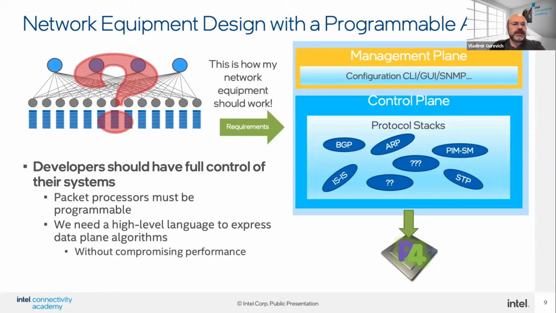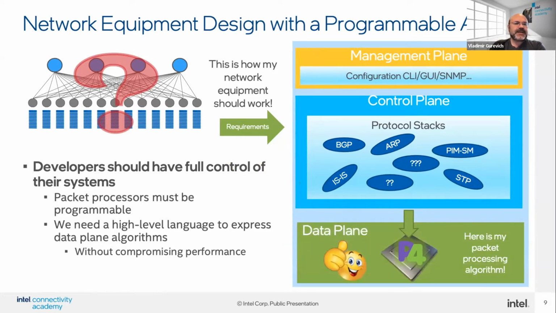So if you have an idea how you want to organize your network and you understand what kind of control and management plane you can build, you can also express the desired data plane algorithms in P4, load them on the ASIC, and instead of having any kind of failure, you will have an OK, and the ASIC will do exactly what you want it to do.